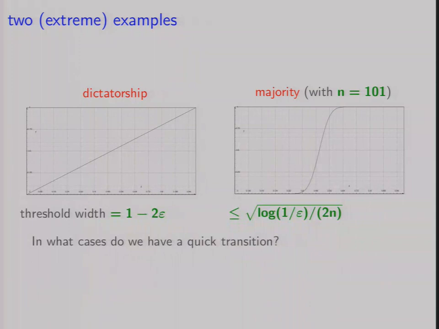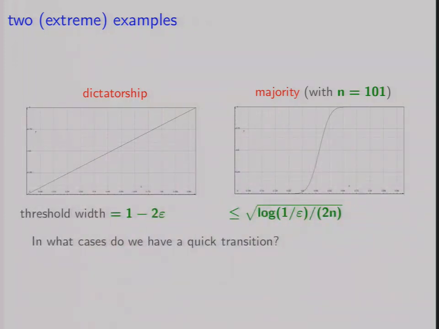But if I look at the majority vote, then it will look like this. There's a very narrow transition. So Hoeffding's inequality tells you that the width here is of the order of 1 over root n. There's a very sharp transition from very, very small probabilities to huge probabilities.